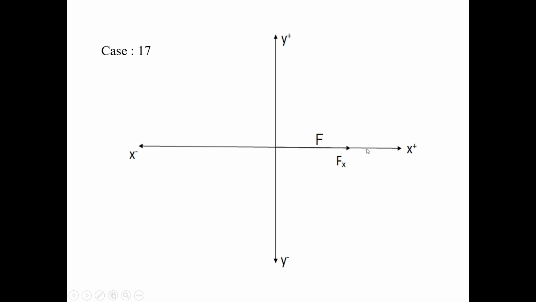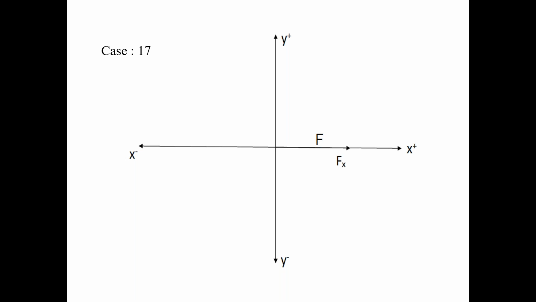Important condition. Now, when the force F is acting along the x-axis, what is the x-axis projection Fx? What is the y-axis projection Fy? We are going to discuss the projections Fx, Fy when the force F is acting on the x-axis.